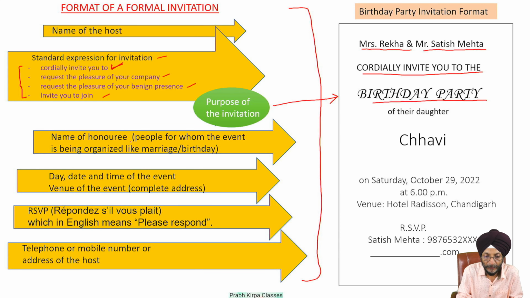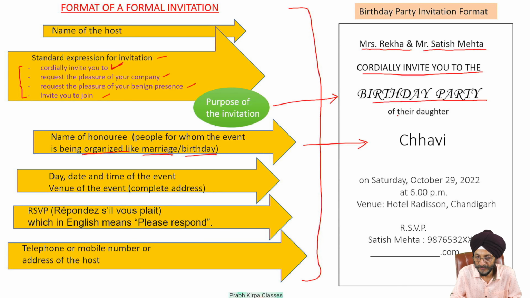Then comes the name of the honoree, the people for whom the event is being organized, like marriage or birthday, that is, whose marriage is being held or whose birthday party is being held. Here we have written the birthday party of their daughter. Name of honoree is Chavi.